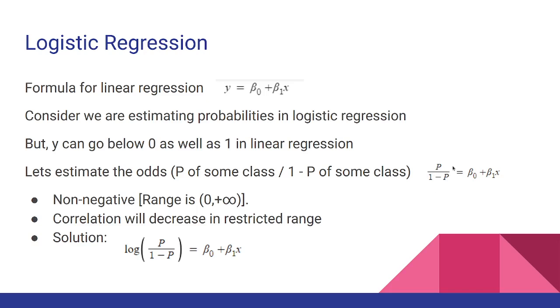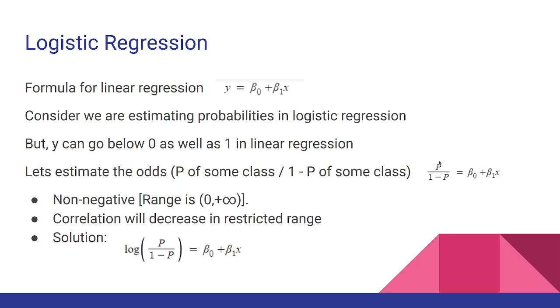Okay. Sir, here P of some class means this is the predicted class, right? Yes, right. So in the example we are trying to find whether it is a dangerous tumor or not a dangerous tumor.